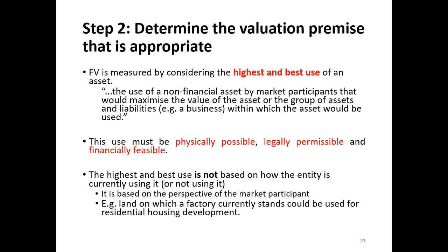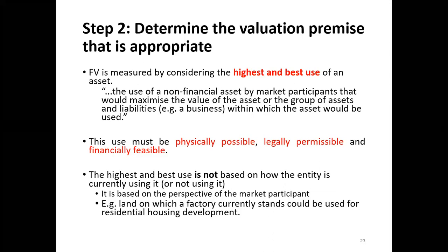When it comes to the highest and best use, sometimes your current use may or may not be the best use. For an example, the land you may have, you may be using it for industrial purpose. Let's say that on the land for which you are taking the fair value, currently you have constructed a factory and you are manufacturing a particular product.